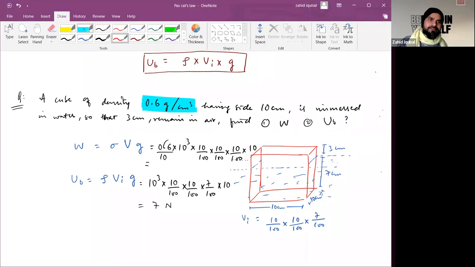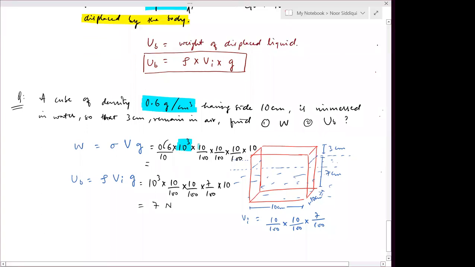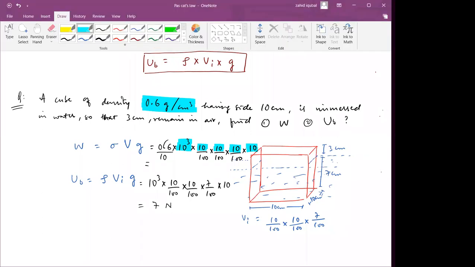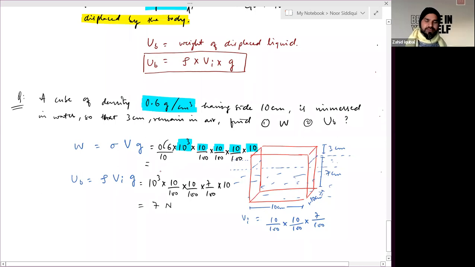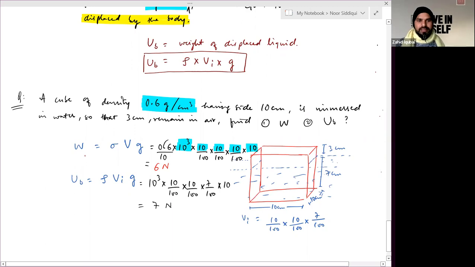How are you calculating? This is 3 zeros, 4, 5, 6, and 7. Yes, okay, sir. How many zeros in denominator? 7. So both 7 and 7 will cancel out. So you're left with 0.6, sorry, 6. So weight of this object is 6 Newton and buoyant force in this case is 7 Newton.